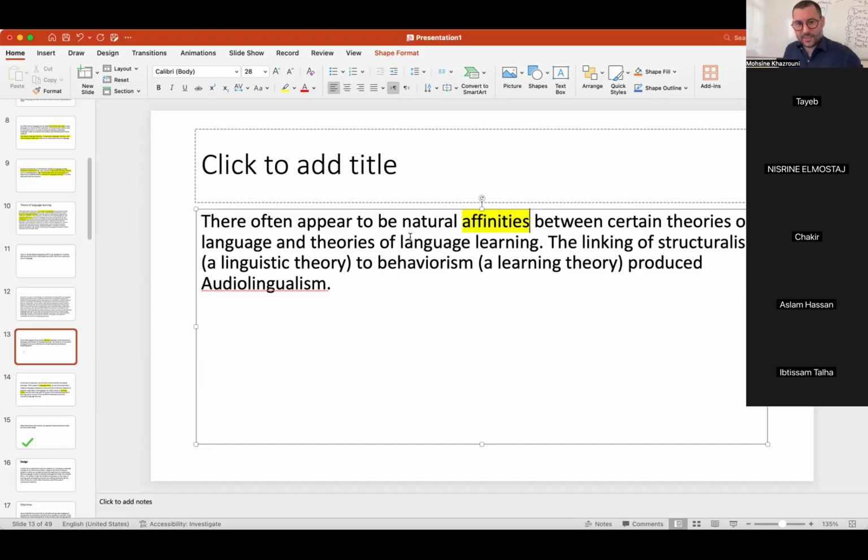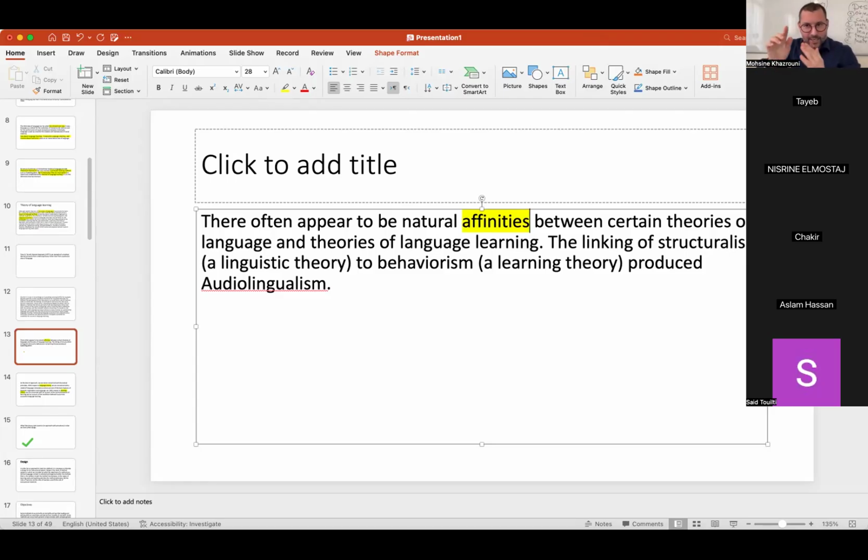So there are natural similarities and differences. Okay, similarities between. Continue. Can we give a chance to Saeed? Okay, so there can be some similarities between some theories. For example, we can have similarities between structuralism and behaviorism as an example.